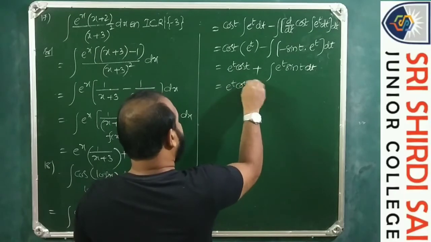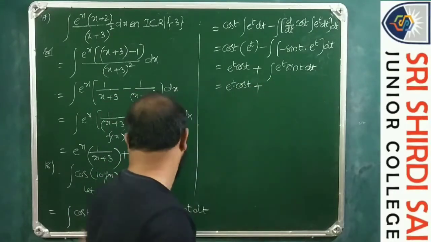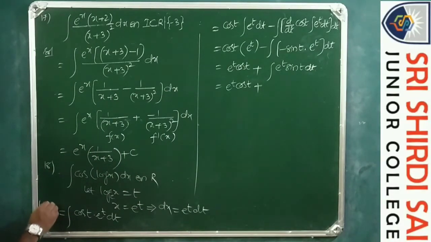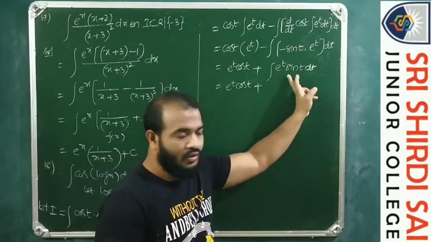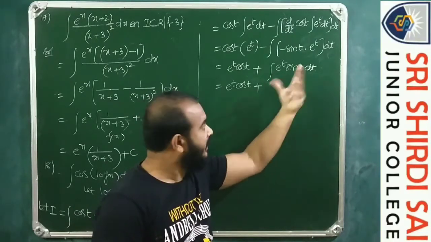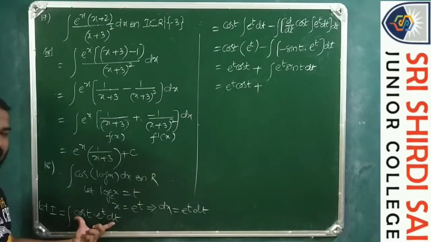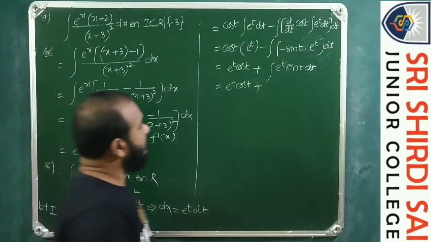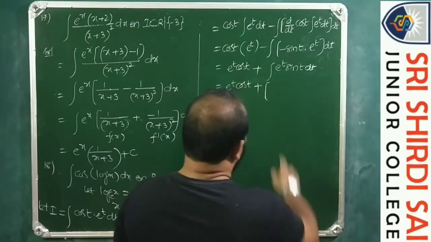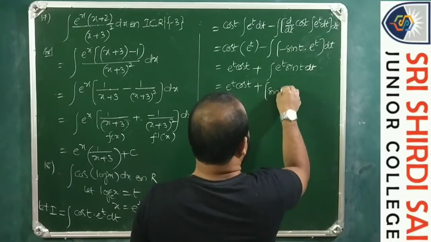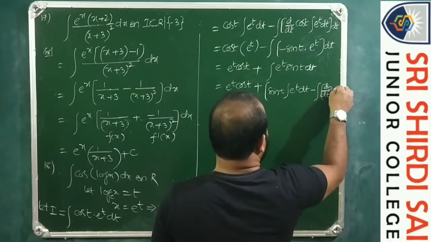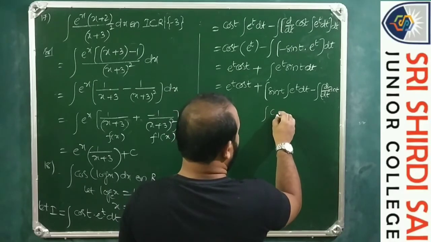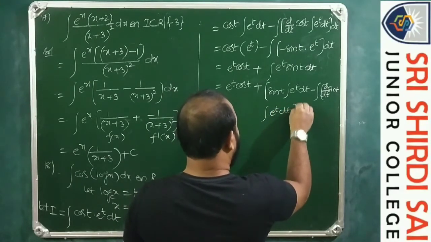So e power t into cos t plus, again a product of two functions has arisen. So we will take it as I, because if you apply the product rule again, the sign becomes cos again, so we will take it as I. Here the first function is sin t into e power t dt minus integral of d by dt of sin t into integral of e power t dt whole dt.